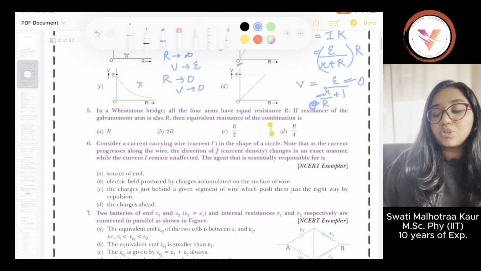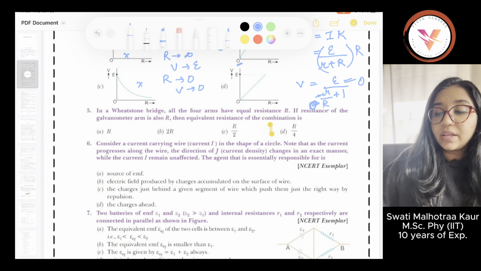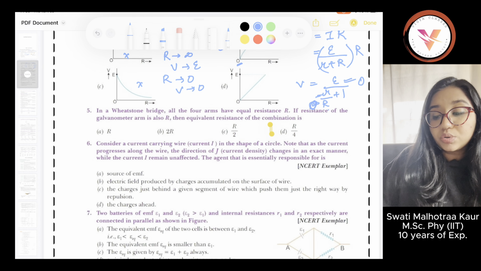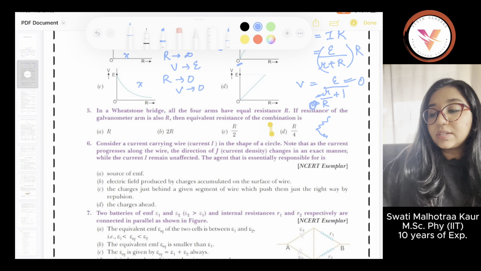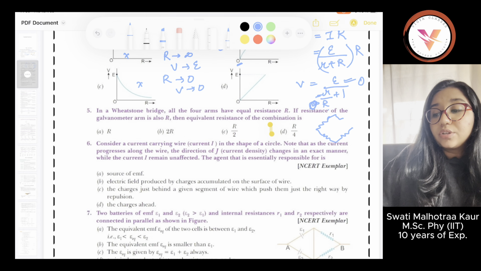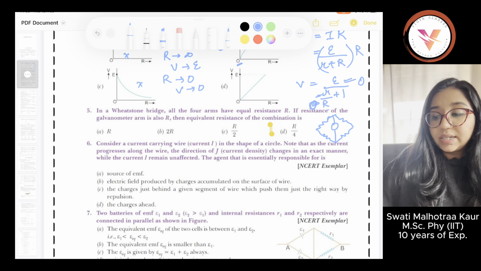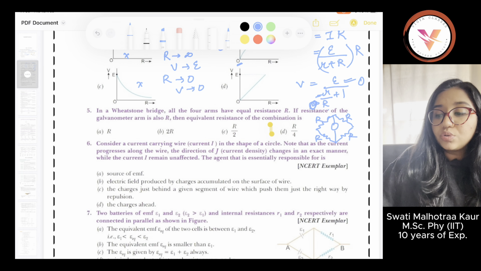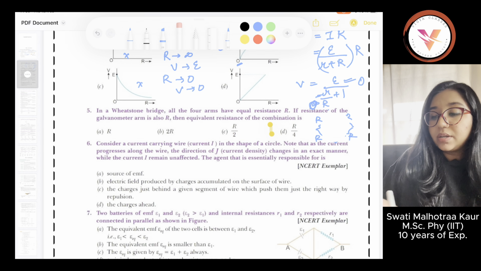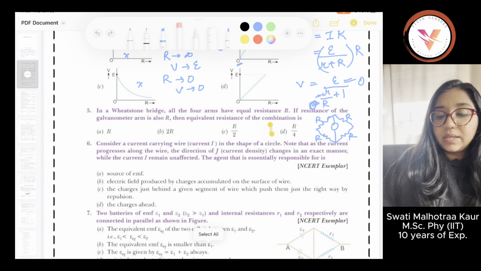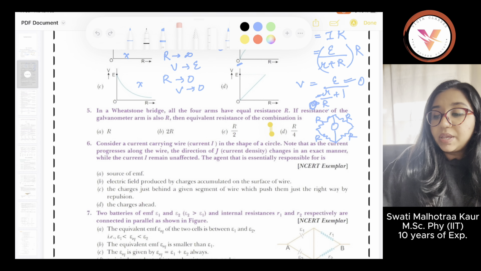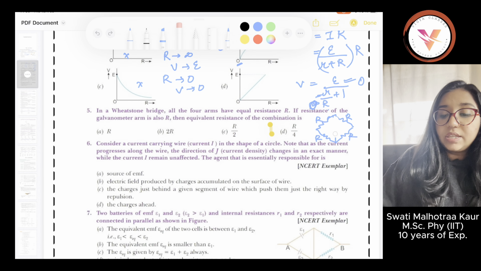Next, in a Wheatstone bridge, all the four arms have equal resistance R. If the resistance of the galvanometer arm is also R, what is the equivalent resistance? This is R, this is R, this is R, and this is R. This is basically a balanced condition because the ratio is the same. In the balanced condition, no current flows through the galvanometer, and basically this behaves as a series combination.